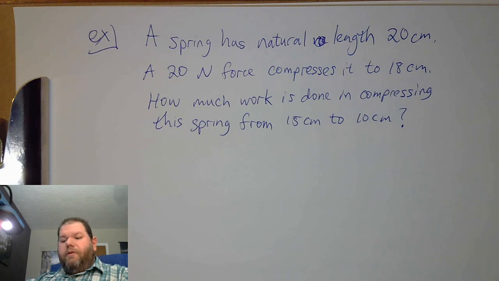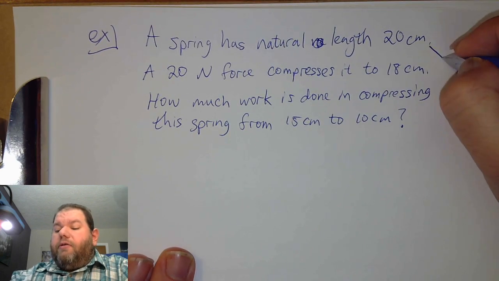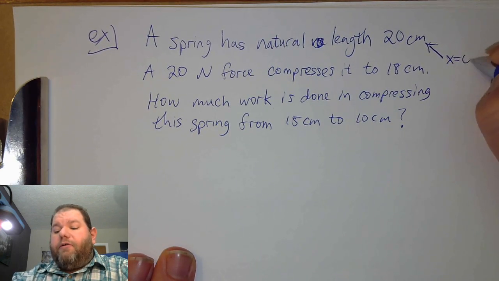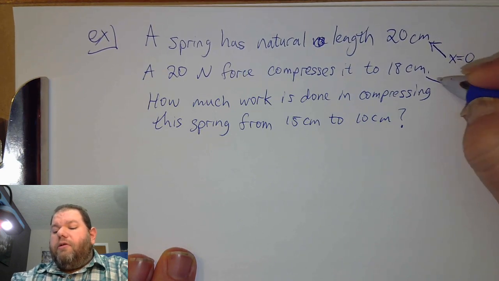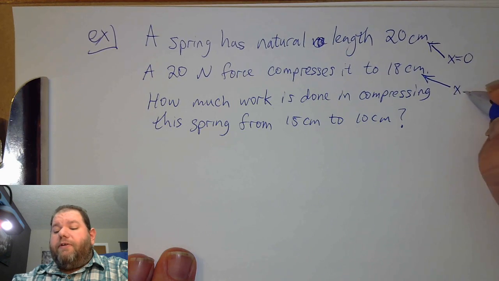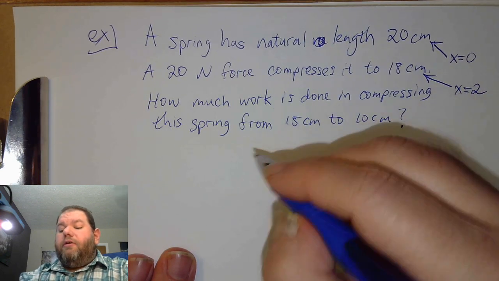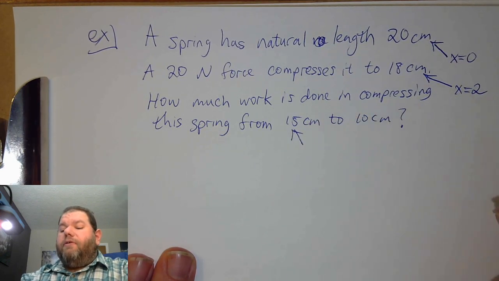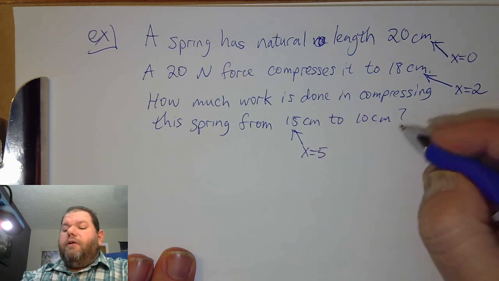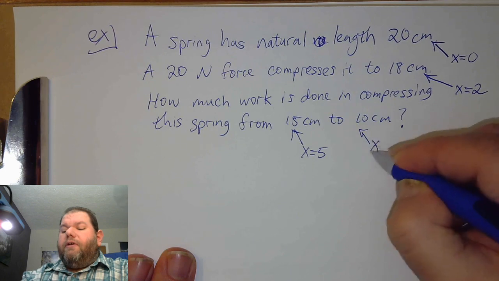Now again, 20 centimeters, that's the natural length, that's x equals 0. 18 centimeters means that's x equals 2. 15 centimeters, x equals 5. And 10 centimeters is x equals 10.